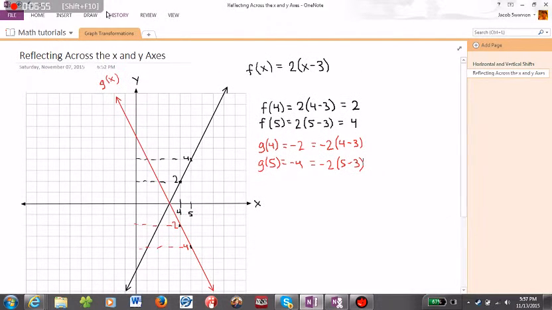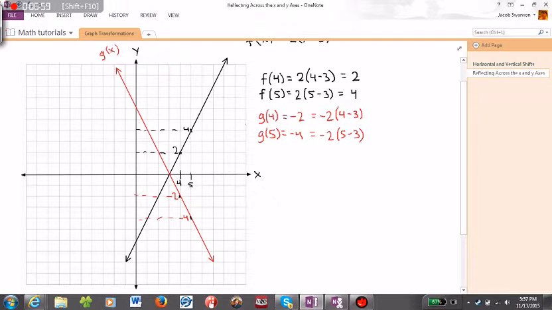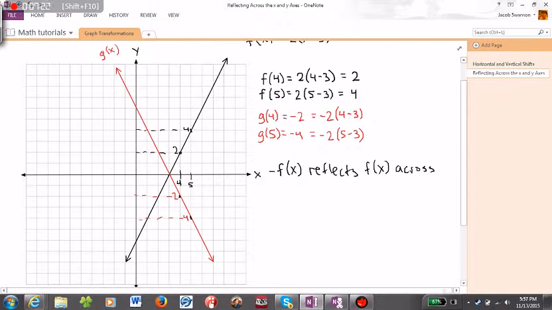So in summary, negative f of x reflects the graph of regular f of x across the x-axis.